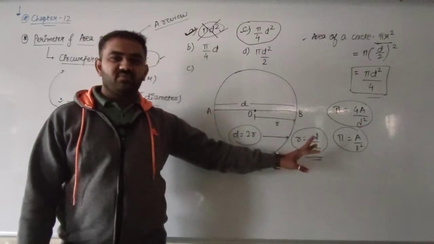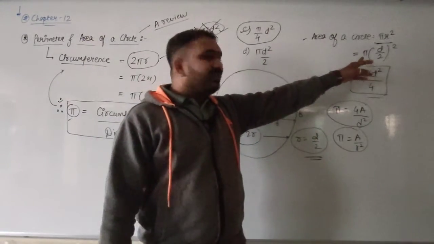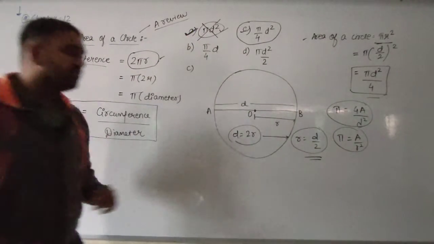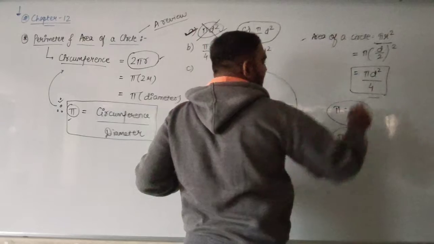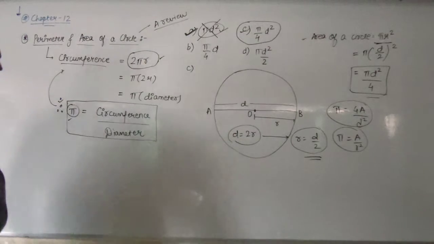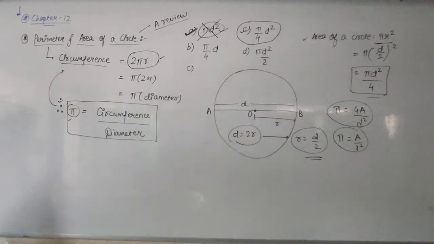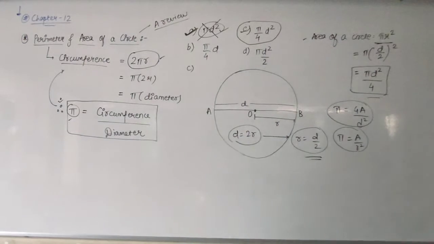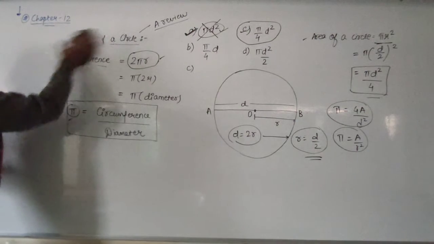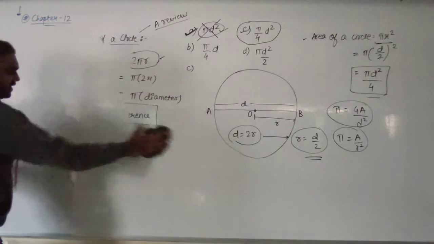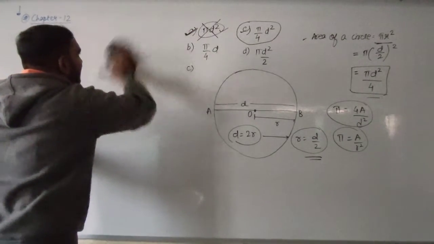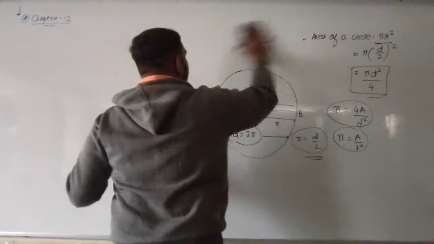In place of r I will place d upon 2, that becomes pi into d upon 2 whole square, that is pi d square upon 4. That is the formula for the area of the circle, and the circumference is 2 pi r. Now let us see one example given in the textbook, and then we will see the practice related to the area and perimeter of the circle.